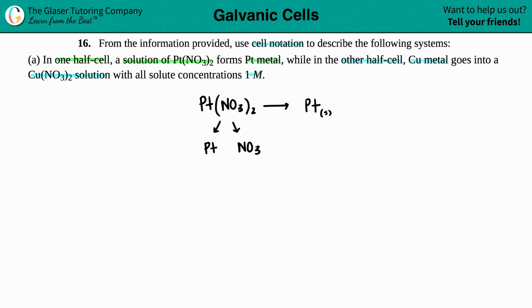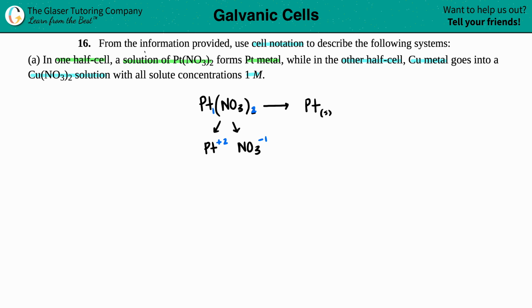Now we can use those subscripts to find out what the ions are. There was 1 platinum and 2 nitrates. So this one crisscrosses up telling me that the nitrate was a -1, which is always the case. And the 2 crisscrosses up telling us that the platinum is a +2.